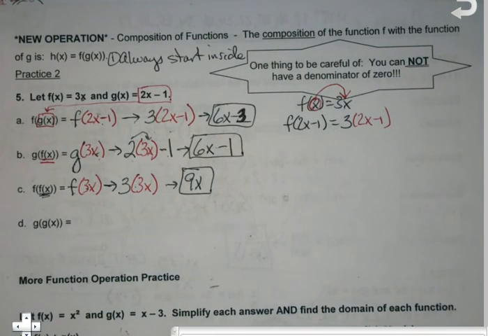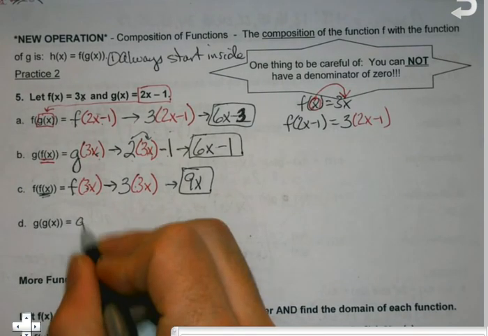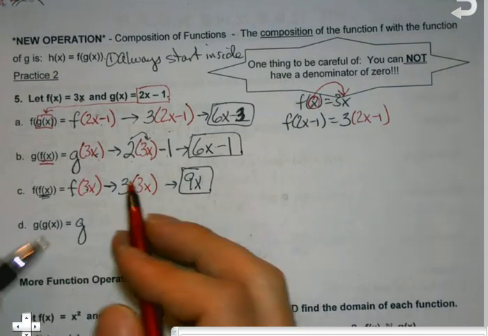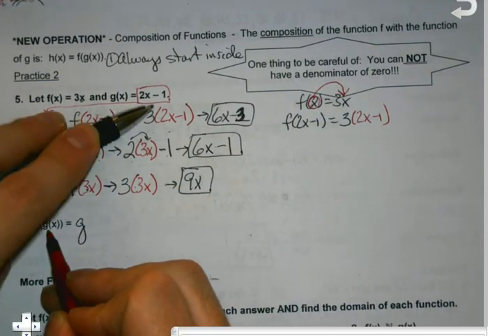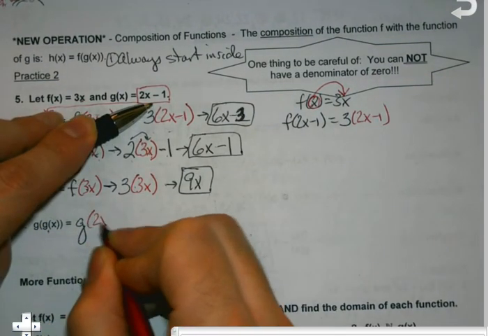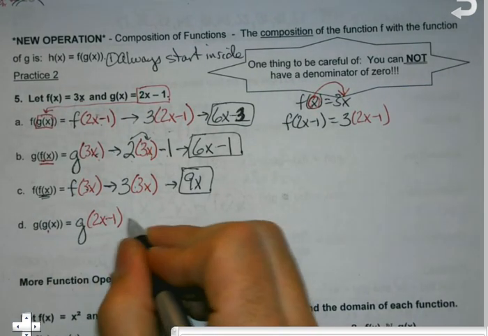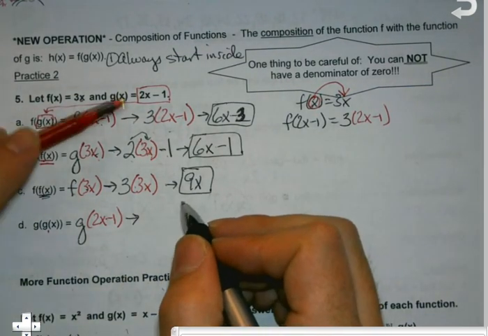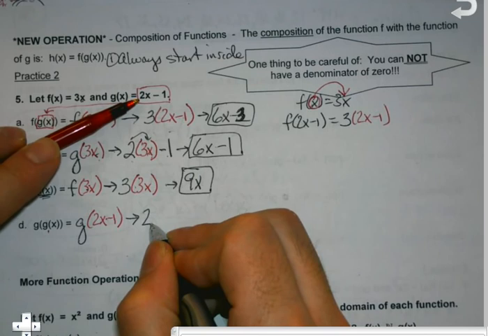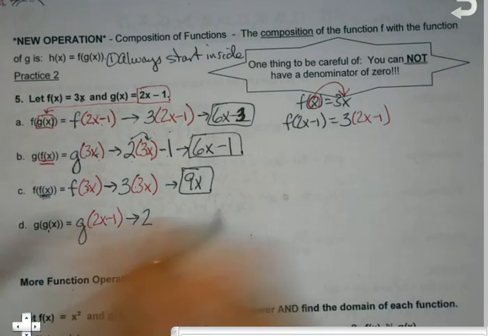So basically, it's just time and time again seeing what's inside, putting that in the parentheses first, and then going back and saying, okay, so my g function is here, it's 2x, but oh yeah, x is the parentheses.